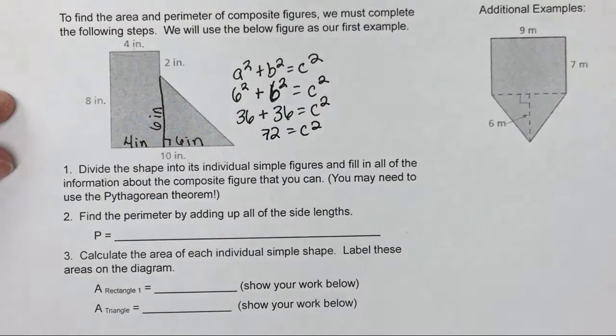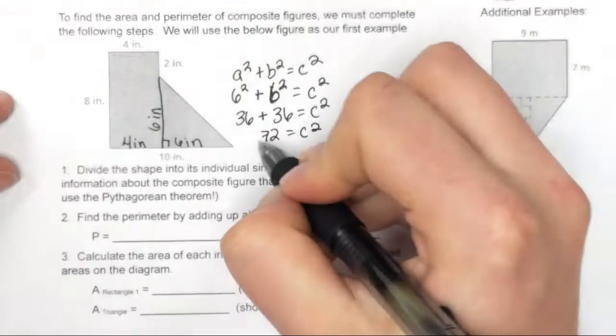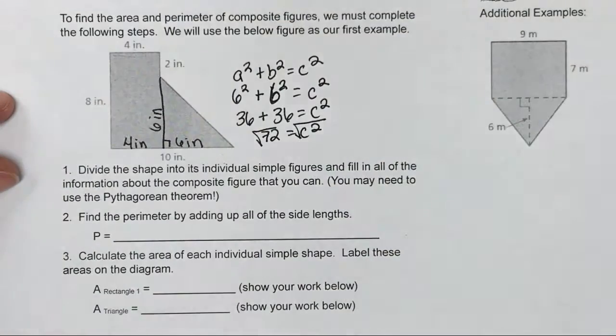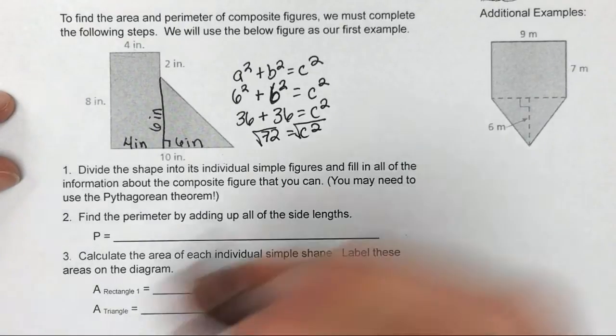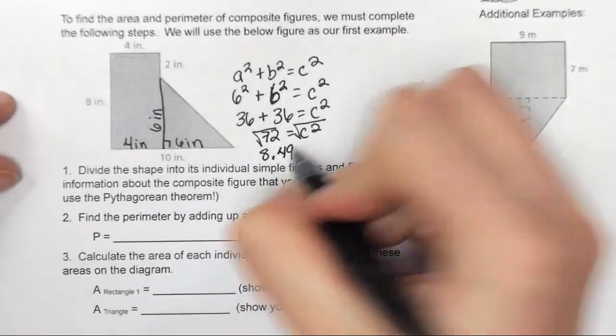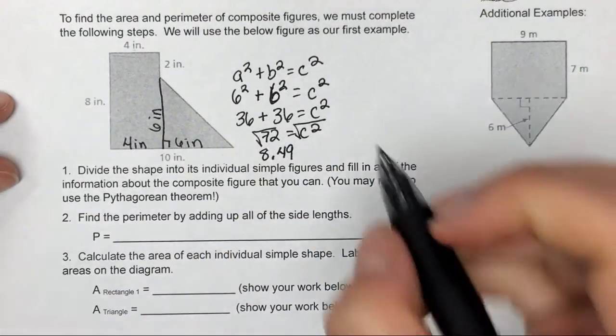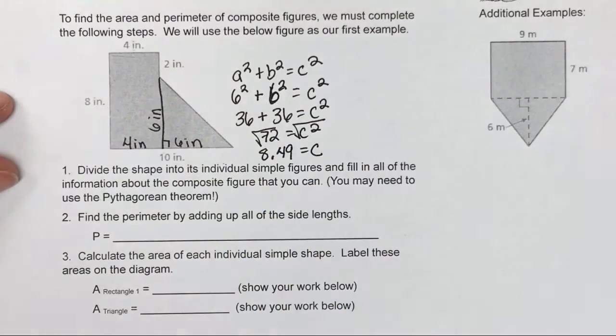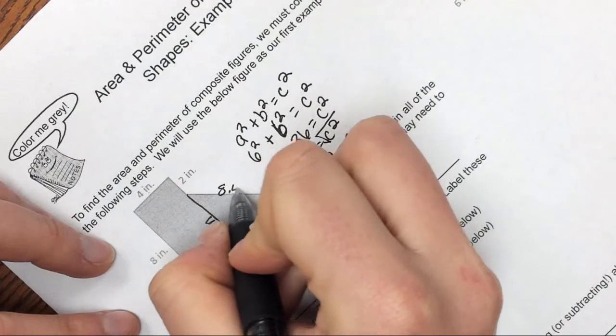And in order to solve for c, we would take the square root of both sides. So we have the square root of 72, and that's going to be 8 point... We're going to round to the nearest hundredth today. 8.49 is equal to c. So my side length here would be 8.49 inches.